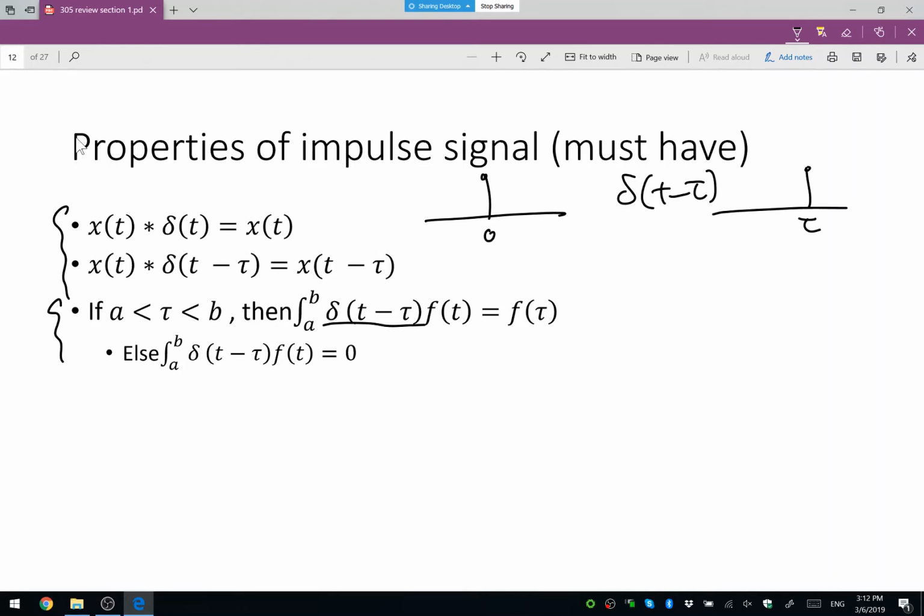If tau is inside this range, like bigger than a and less than b, then this integral automatically becomes the evaluation of the function at that position, f(tau). But if tau is not inside that range, the integral is just 0.